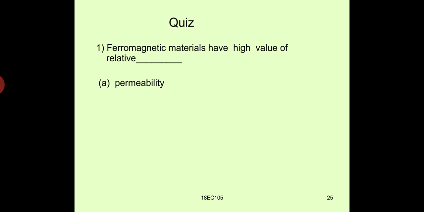Choice A is permeability, B is permittivity, the third choice is both, and the fourth choice is none of the above. What is the right answer? It is permeability.